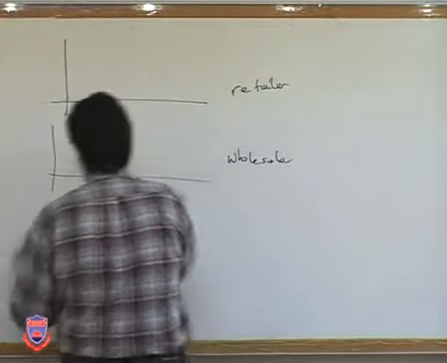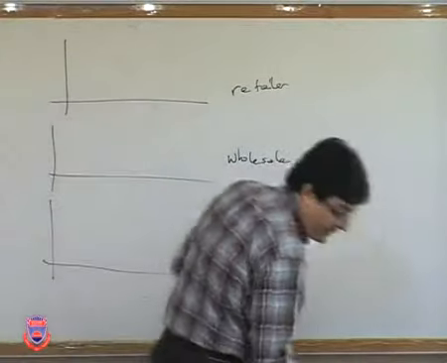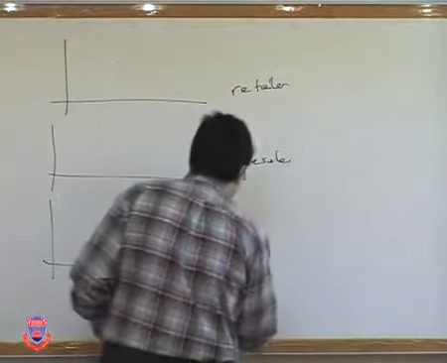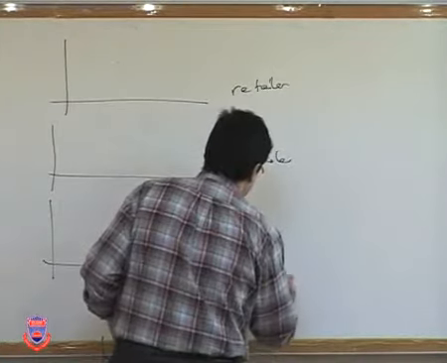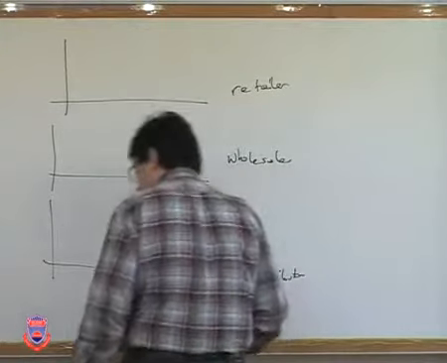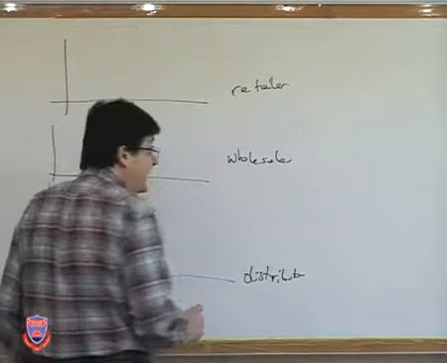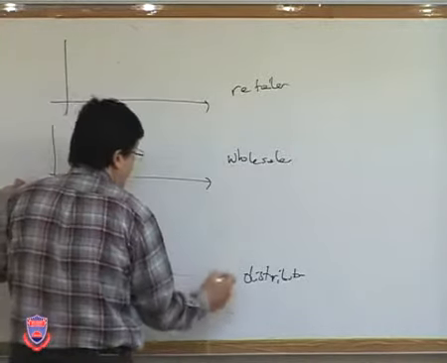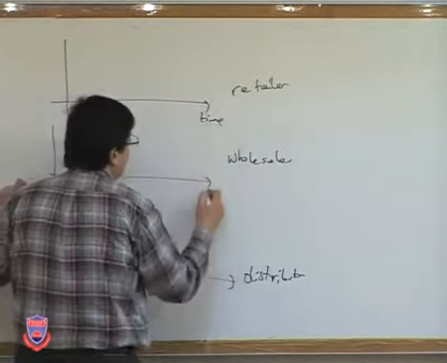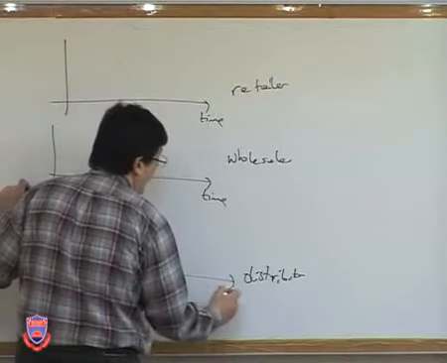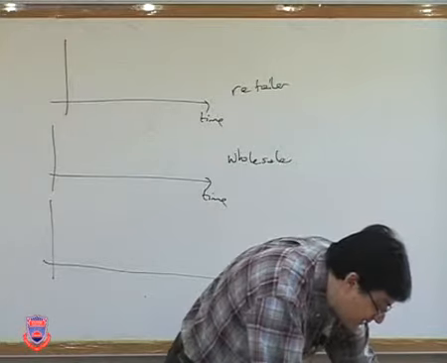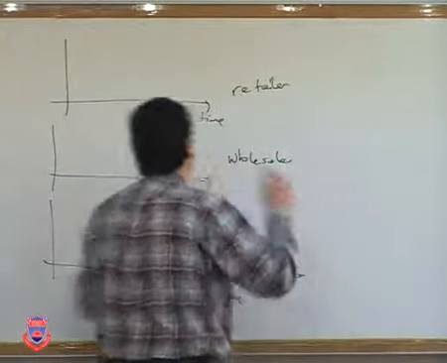The third level is the distributor, and then we have the factory. So this is actually real data that they observed. What's happening is that on every axis we have time, and on the other axis we have order quantities.